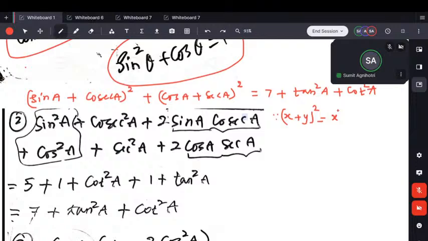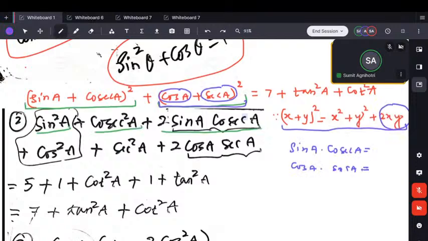Now you need to remember these identities. Sin a times cosec a, what is it? Can you tell me? Cos a into sec a is equal to which value? Do you remember this identity? Sin theta into cosec theta, cos theta into sec theta.